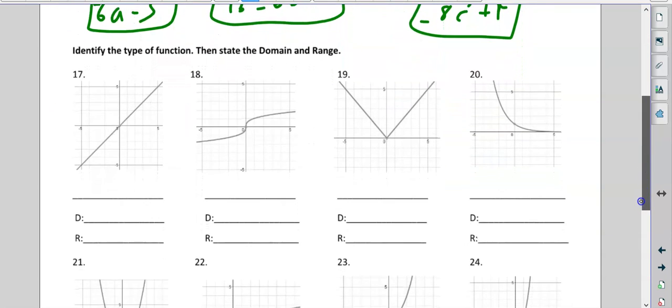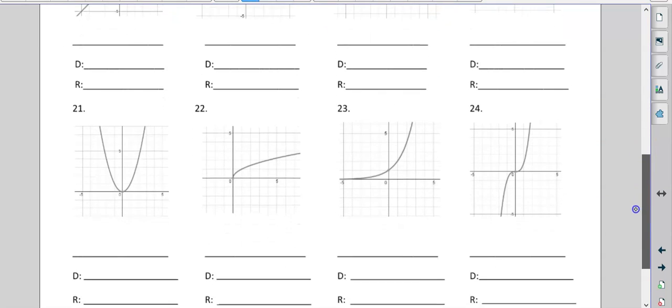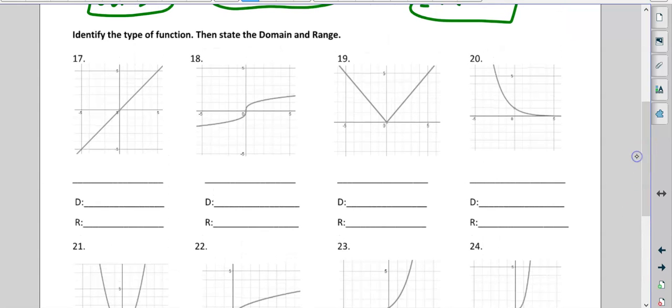All right. Identify the type of function and then state the domain and the range. So this would be a good thing to use the worksheet for in the notes. This is a straight line, which means it's a linear function.